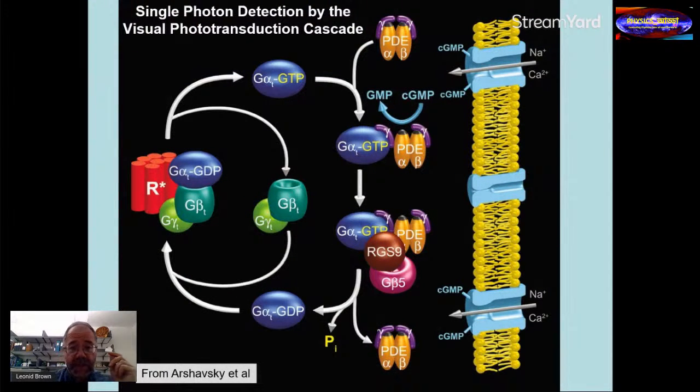From the point of view of physics, our visual systems are amazing because they are single photon detectors. We can see single photons. Why? This is biochemistry.